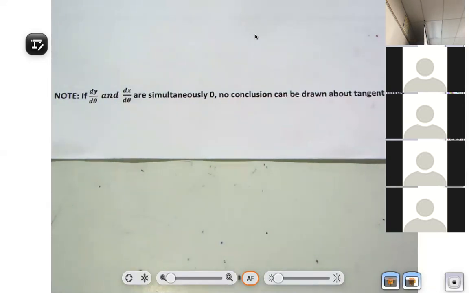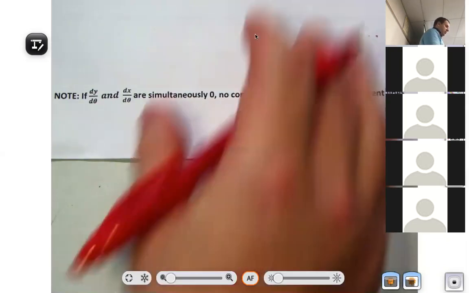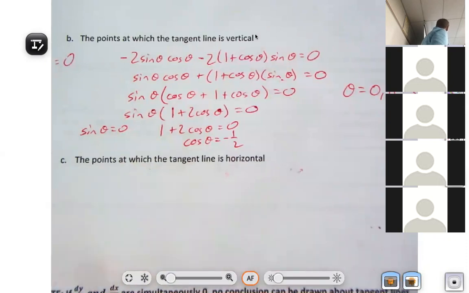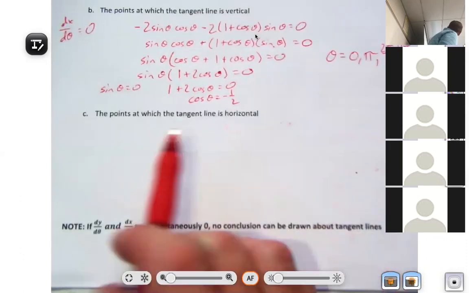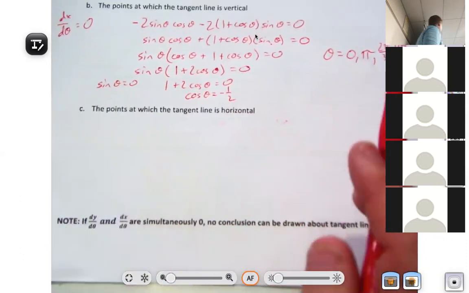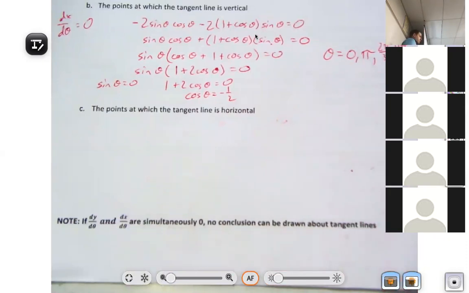So if they just said vertical, you would technically also have to find where the horizontal ones are. I've never seen this show up, but it could. So now we have to find where the tangent line is horizontal, and if we get any matching theta values, we just discard those. We can't draw any conclusions from those.